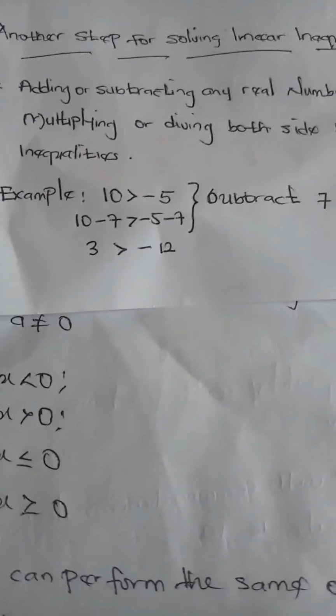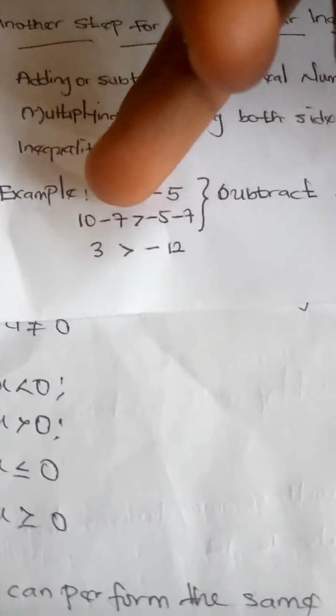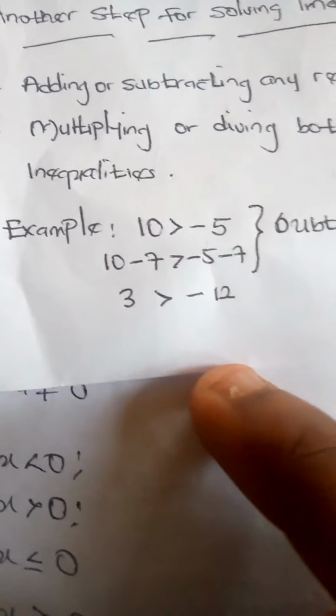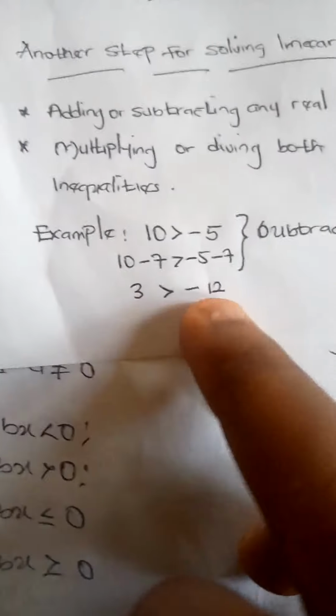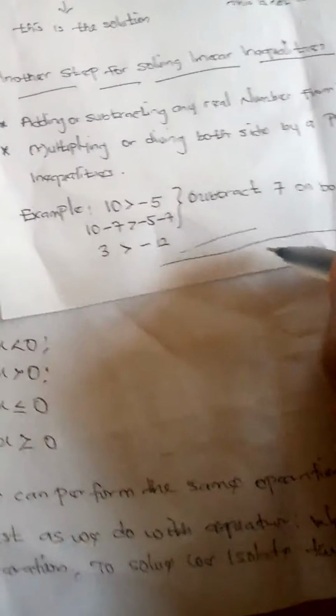So now here it is 10 minus 7 and 5 minus 7. When you finish solving, you get 3 here and you get -12 here, to tell you that 3 is greater than -12. On the number line, one line like this, and one line like this. This is our negative side, this is the positive side.